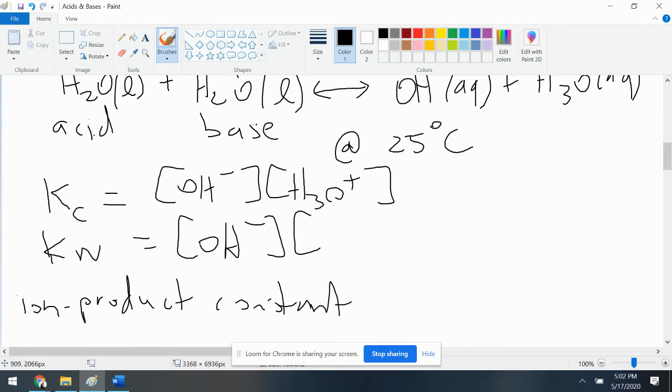By the way, you can write it as either H3O positive or H plus. Either way it works out too.